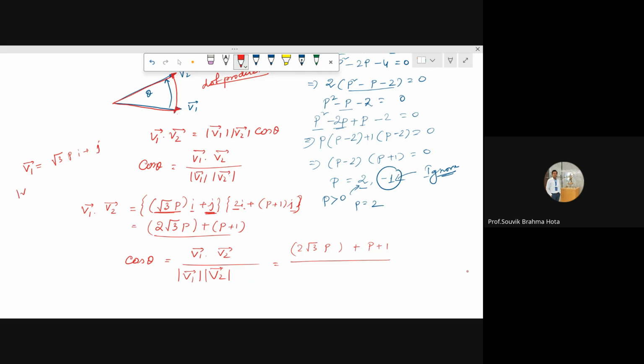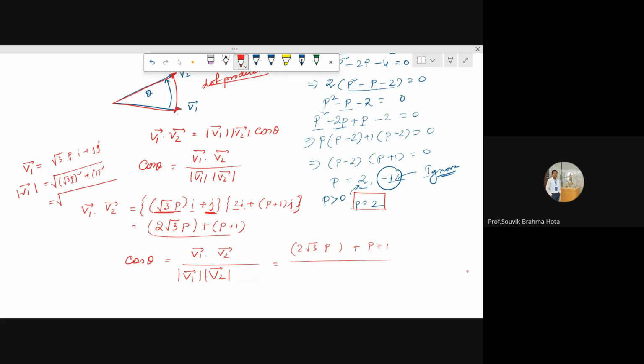The mod of that v1 is square root of root 3p whole square plus 1 whole square. Now we already got p is 2, put it over here.